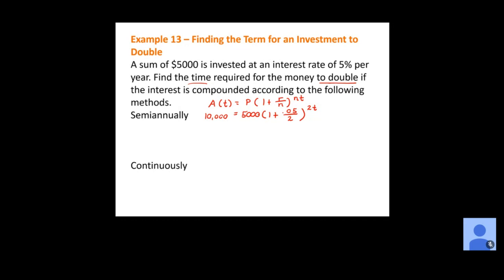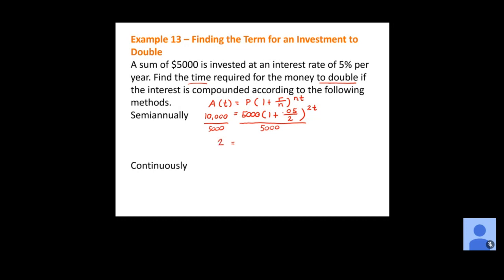Let's divide by the 5,000. Go ahead and move that to the other side. And so what's 10,000 divided by 5,000? 2, right?